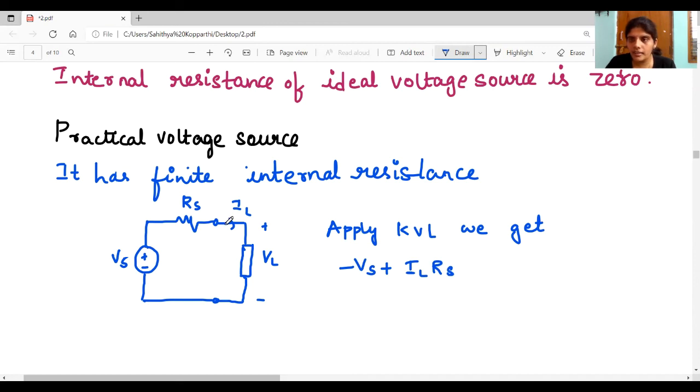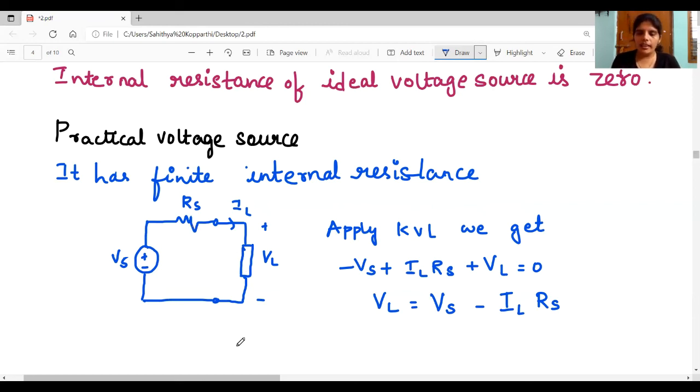The voltage across this resistor is nothing but the voltage drop, the current flowing times its resistance, plus VL equals 0. So we want VL. So VL is equal to Vs minus IL into Rs. So the source voltage value is constant, but as you increase the load current, the drop across the resistance will increase. So automatically your load voltage will decrease.